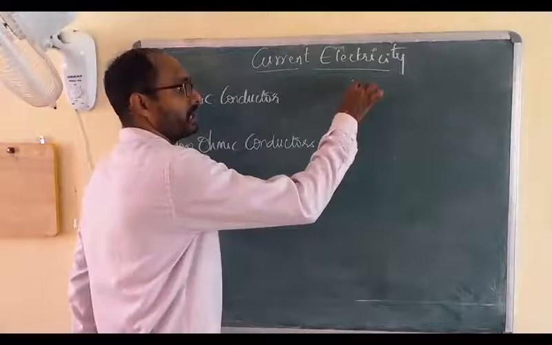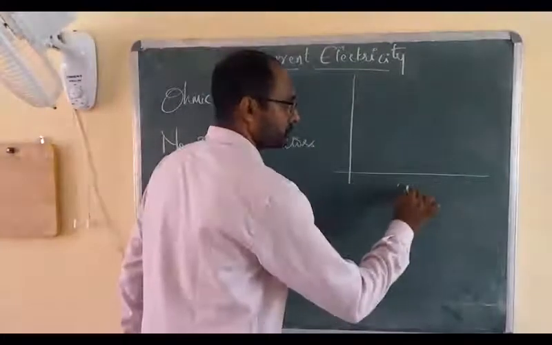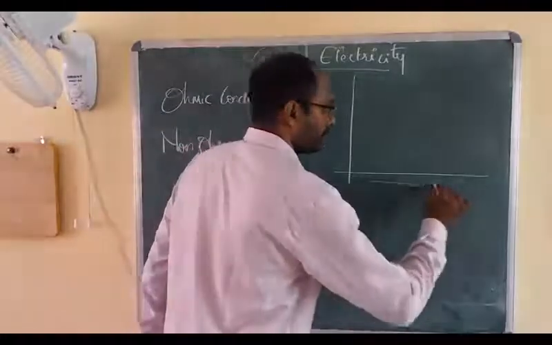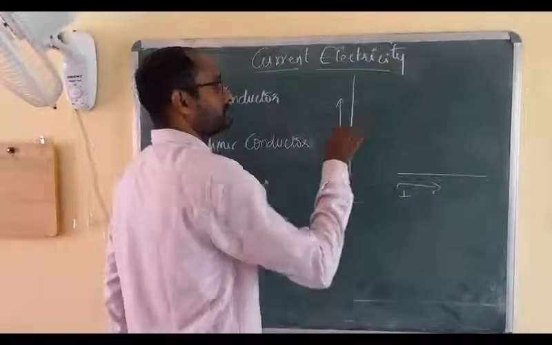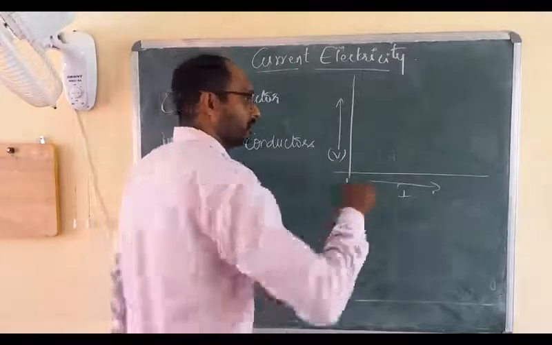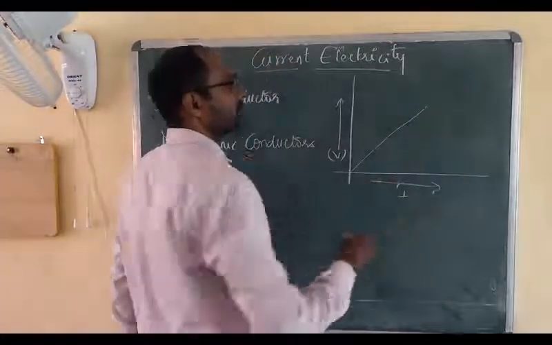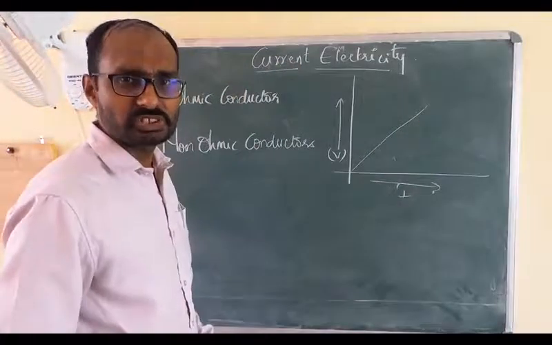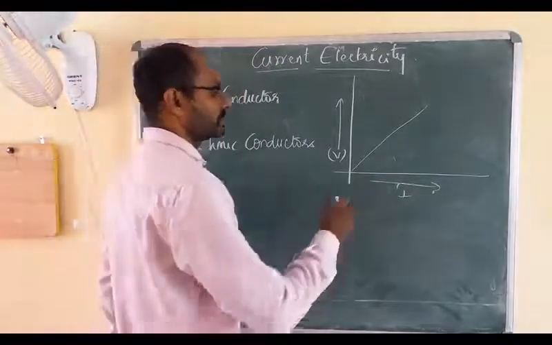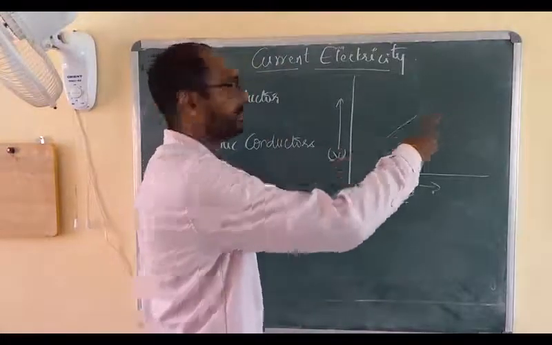See, if I plot a graph between the current flowing through the circuit along the x-axis and the voltage along the y-axis in volts, and the graph plotted turns out to be a straight line, it need not necessarily always start from the origin or always make 45 degrees.